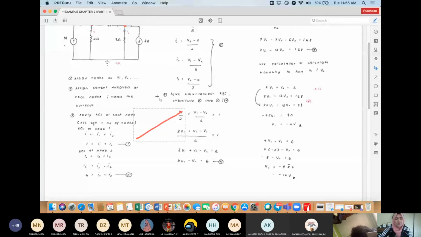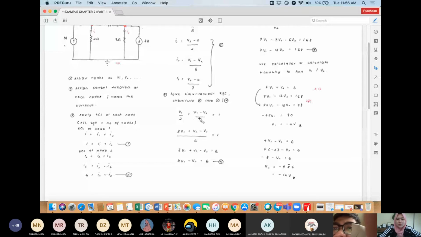Put equation 3 into equation 1. So you will get V1 divided by 2. Why V1 divided by 2? Because I1 over here is V1 minus 0. Plus I2, so I2 is V1 minus V2 divided by 6, equals 1.